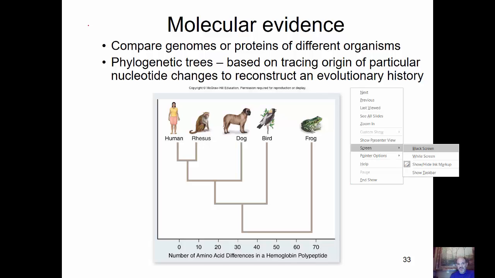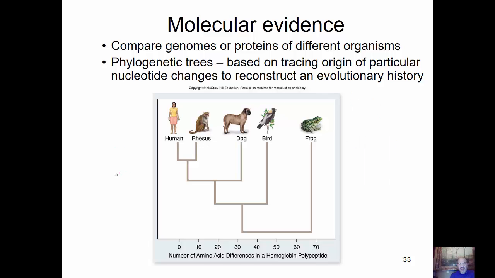And so they did that here with this chart, and they developed a relationship between some of these vertebrates, from frogs, birds, dogs, the rhesus monkey, which is a primate, which is the same group humans belong to. And they're looking at the molecule hemoglobin, which is a protein found in the blood that carries oxygen.